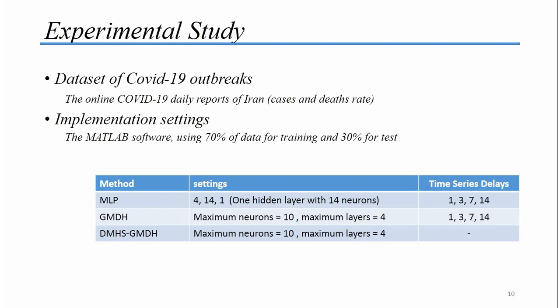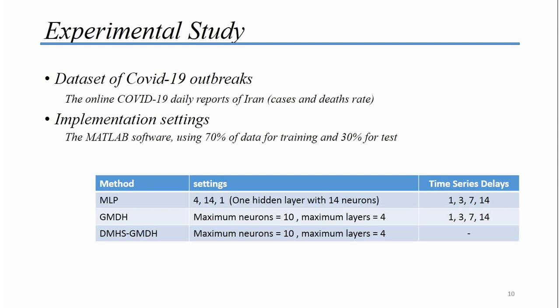Also, the following settings are used in our study: the maximum number of layers and neurons in each layer for the DMHS-GMDH algorithm and the original GMDH are set to 4 and 10 respectively. For the MLP model, the number of neurons in the hidden layer is set to 14. In addition, the time series delays 1, 3, 7, 14 are used for the MLP and the original GMDH.